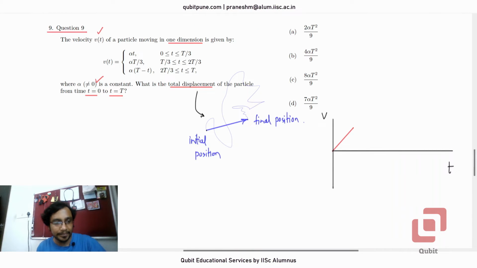This is the first third of the journey, from t equal to 0 to t equal to T by 3. Then for the same duration, the particle continues to move with constant velocity.